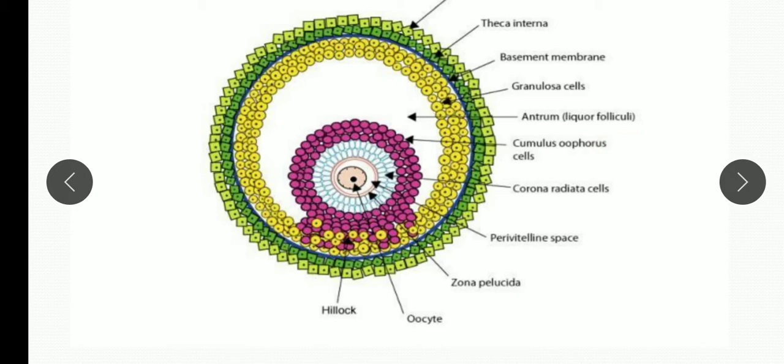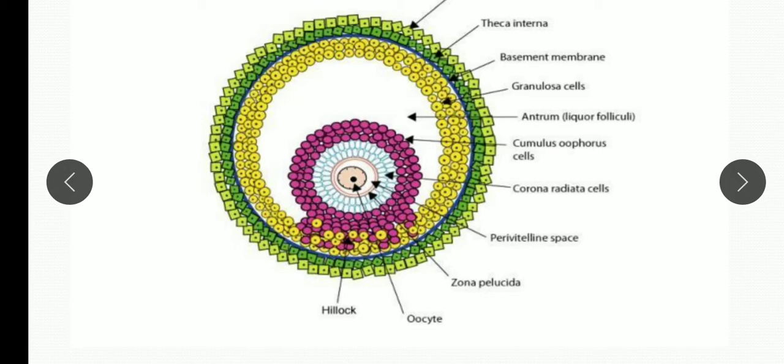Now a fluid appears among the granulosa cells which forms a cavity. You can see a cavity here. This cavity is known as the antrum, a fluid filled cavity, and the fluid present in it is known as the antral fluid or the liquor folliculi. The fluid in the antrum is formed by the granulosa cells.